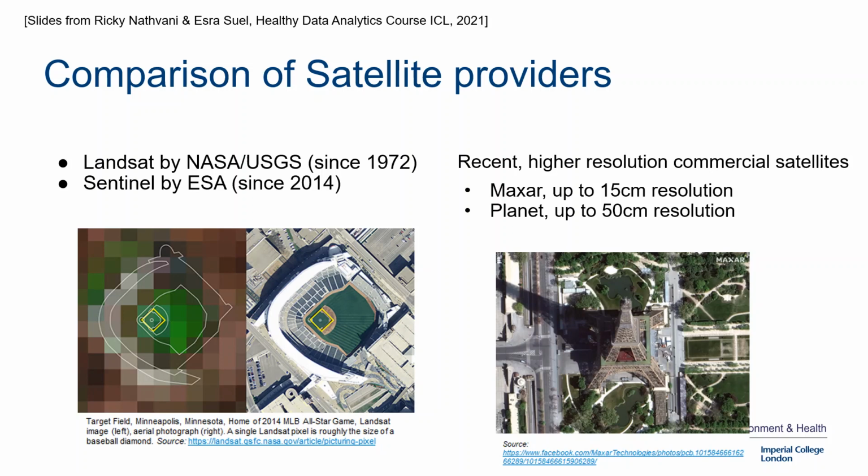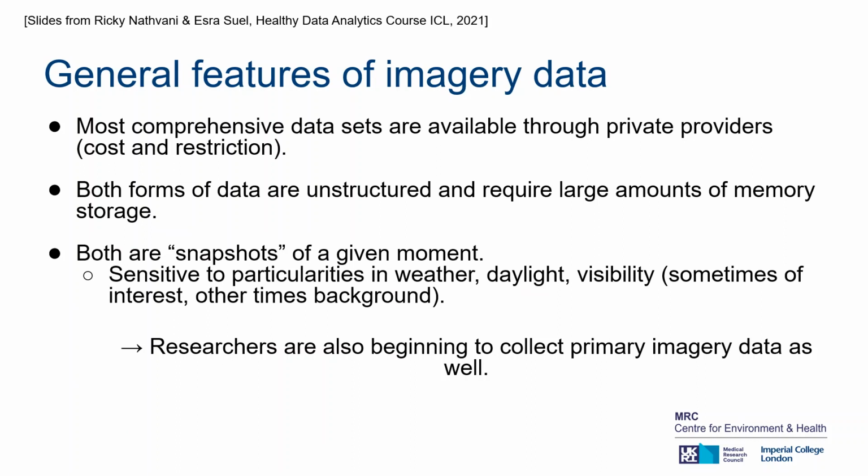You can see the coarse resolution captured by this type of satellite imagery. Compare this to Maxar, which has up to 15 centimeter resolution, as well as Planet, which has up to 50 centimeter resolution. Generally, across different types of images, most comprehensive datasets are available through private providers, and hence there are cost restrictions and restrictions in the terms of use.